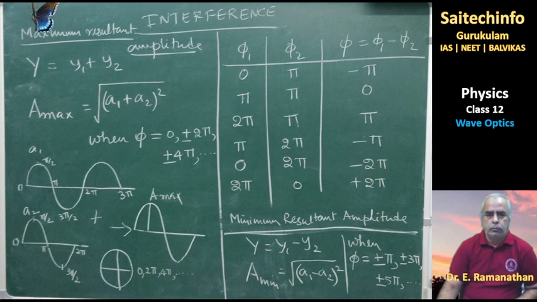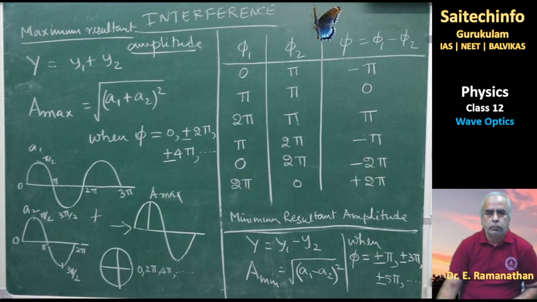When the phase change, that is represented by phi, is equal to 0 plus or minus 2 pi plus or minus 4 pi. For example, when phi 1 is equal to 0, that is the phase of first wave, the phase of second wave is pi. So 0 minus pi is equal to minus pi.